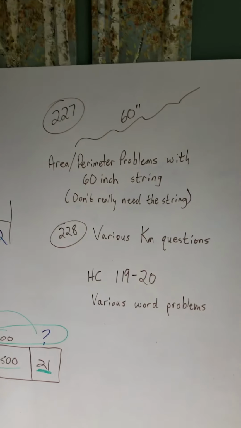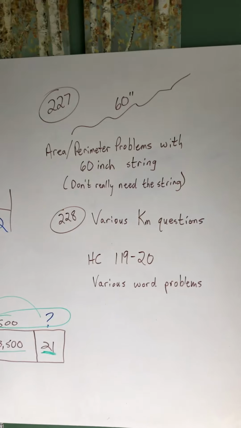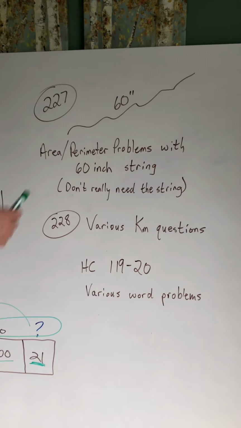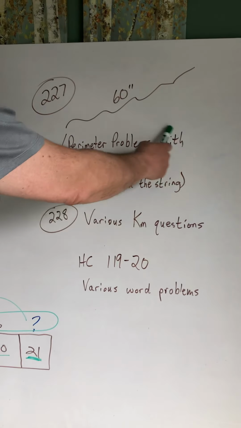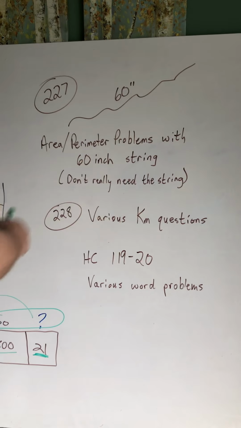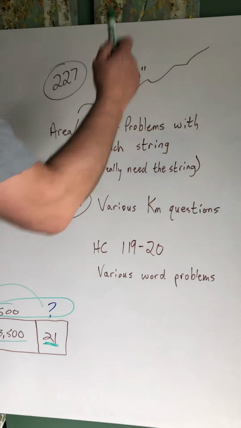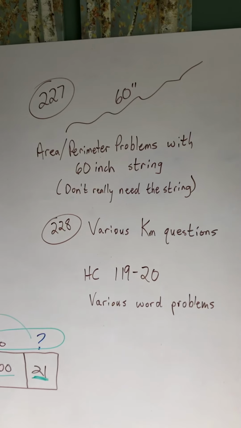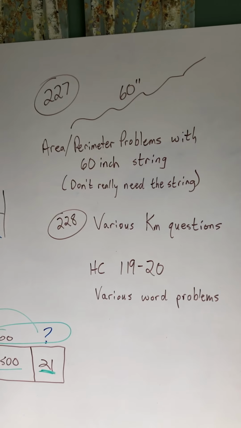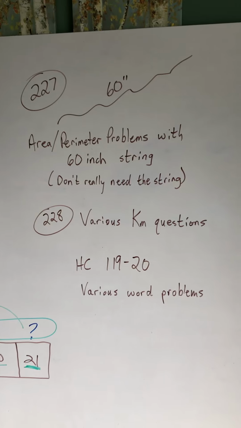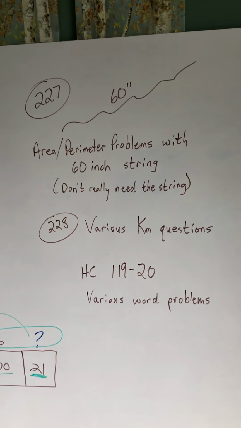Okay? Now, let's go up to student book 227. They have a bunch of area and perimeter problems. I think they're mostly word problems that have to do with a 60-inch string. You don't really need the string. If you want to have some fun, have your parents cut a 60-inch string.